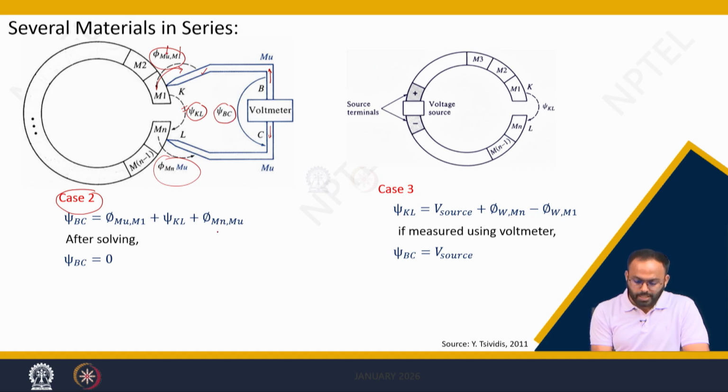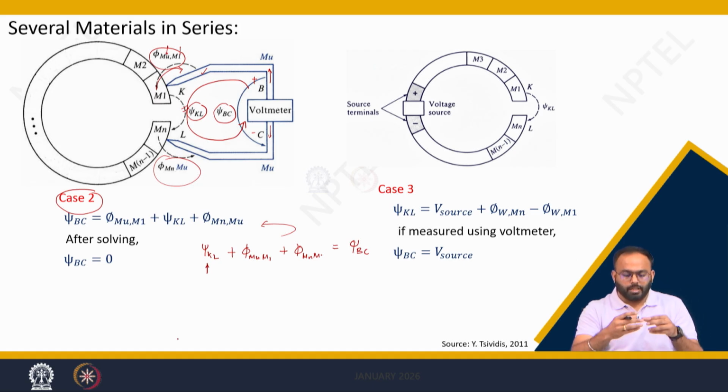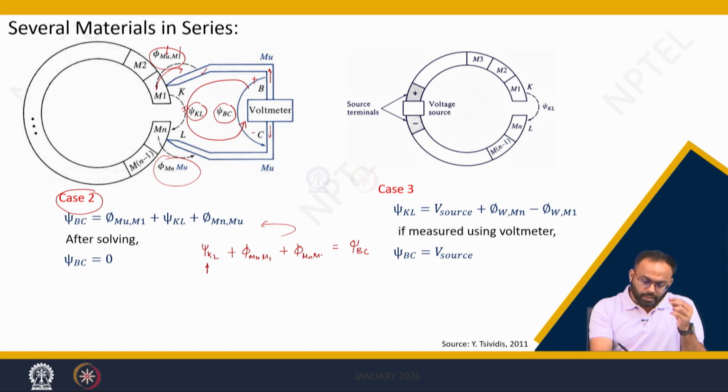If you write the potential balance equation or KVL, then psi KL plus phi Mu M1 plus phi Mn Mu is psi BC. That is written here, right. So you are actually applying a KVL like this. We know psi KL from our basic understanding of the work function difference, which is phi Mn minus phi M1.